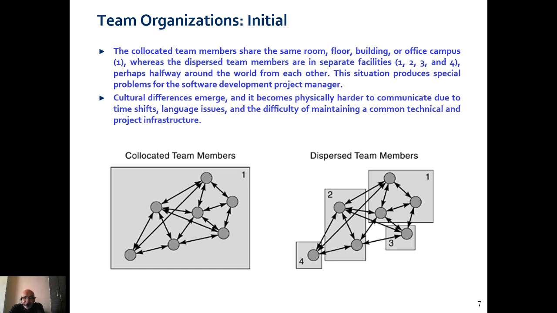You must have visited a technology campus. That is an example of co-located team members. Dispersed team members are in different geographic locations, and you have been working with that.